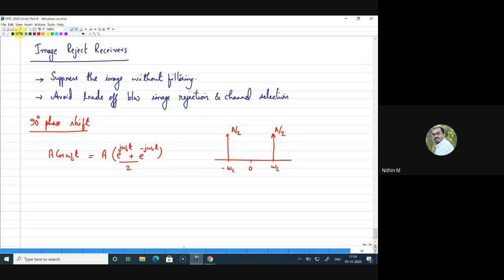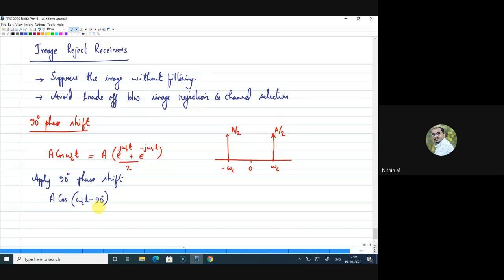So let me write that. Apply 90-degree phase shift to this cosine wave. So if I want to do that, I will write A cos. I want to give a 90-degree phase shift to this angular frequency multiplied by time.